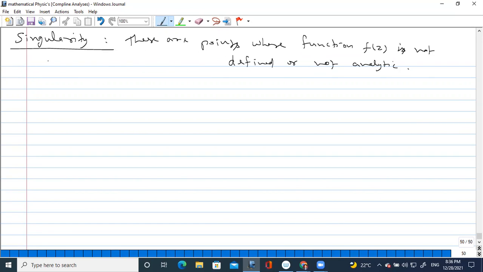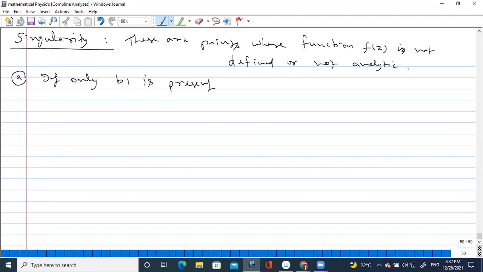So there are many types of singularity. Number one: if only B1 is present. B1 means only the first term of the principal part of the Laurent series is present.